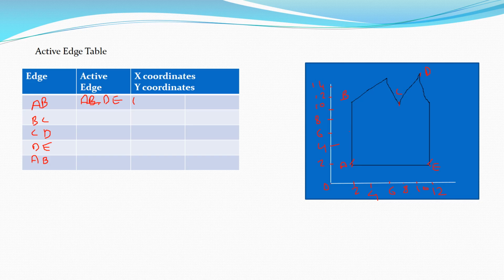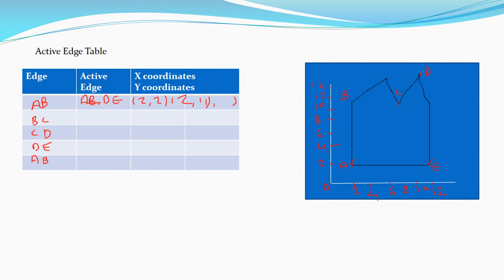How we have to take them: in ascending order of x coordinate. First A and B. A is 2 comma 2. Next we have to take B, that is 2 comma 10 or 11, as per the scale. You have to consider that scale.